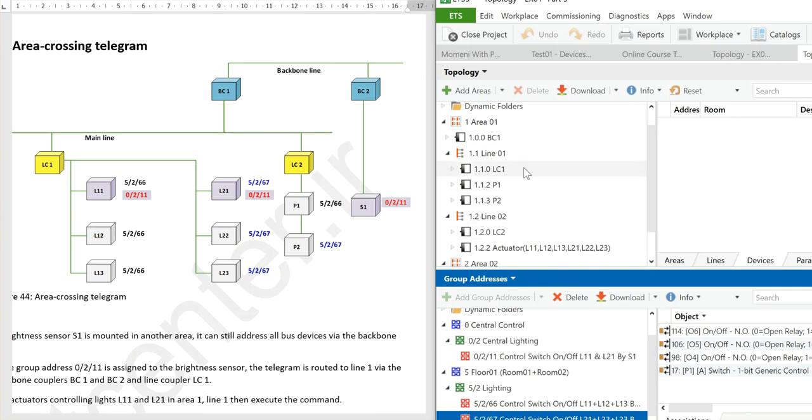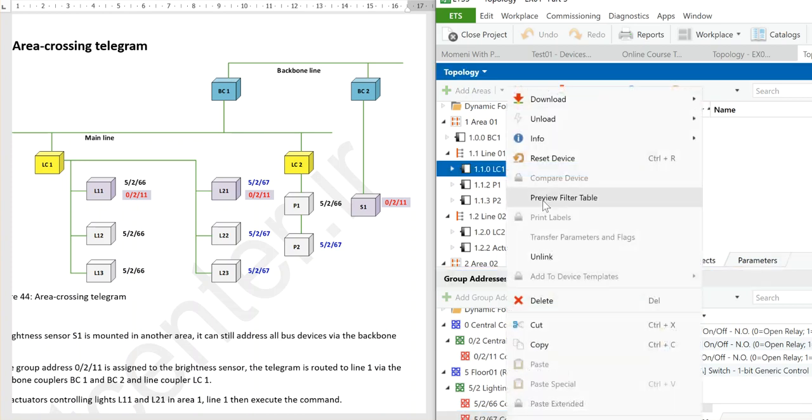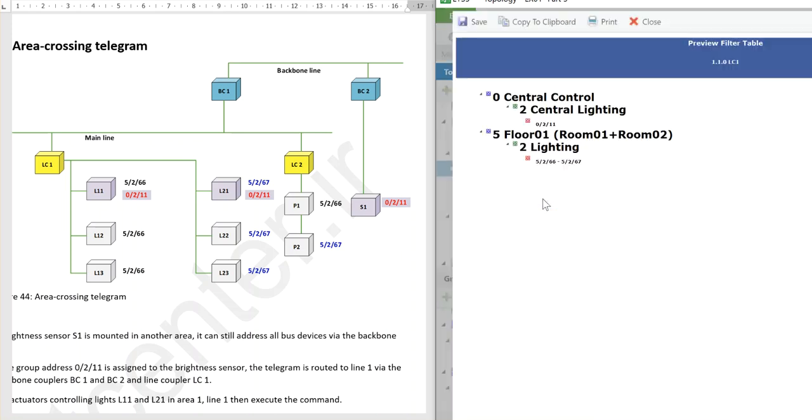If I come to the line coupler, right-click with the mouse and choose preview filter table, you can see in the line coupler there is a route for 0/11 and 5/66 and 5/67.